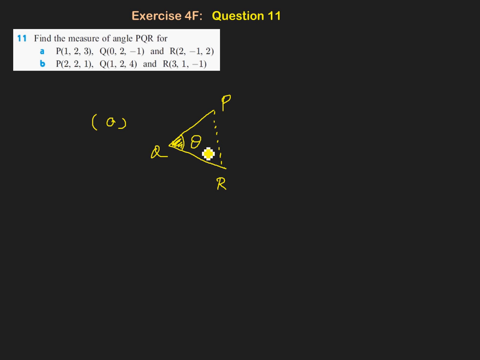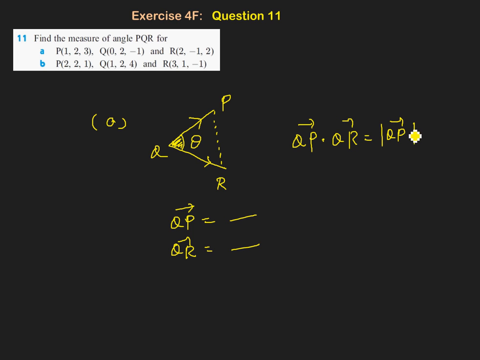So all you need to do is find QP and find QR. Like for part A, you sketch it and then find what QP is, and find what QR is. And by using the formula QP dot QR is equivalent to the magnitude of QP times the magnitude of QR times cosine theta, you should be able to find your theta.